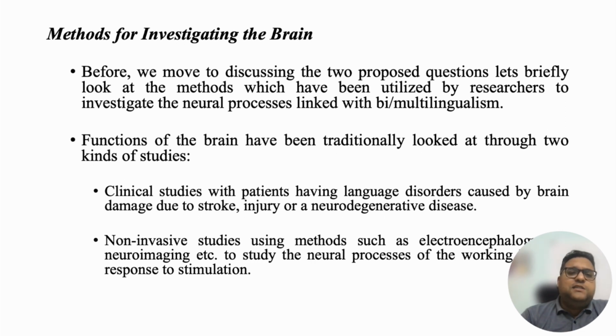First are clinical studies with patients having language disorders caused by brain damage, let's say due to stroke, injury, or some kind of a neurodegenerative disease such as Alzheimer's. Also, a lot of insight about the functioning of the brain comes from non-invasive imaging methods such as electroencephalography, neuroimaging, etc., which allow scientists to study the neural processes of the working brain in response to stimulation.